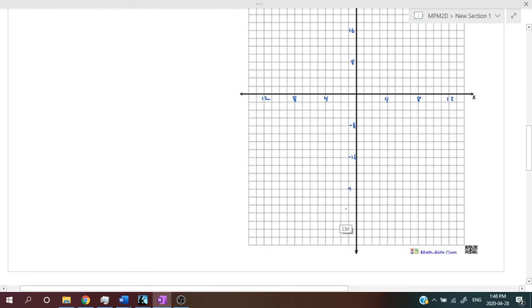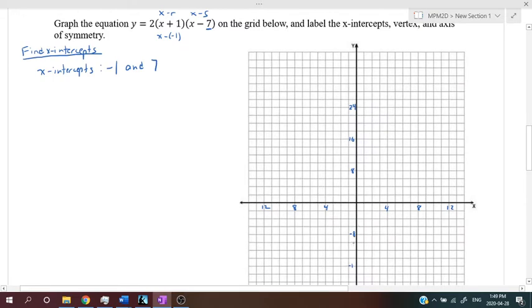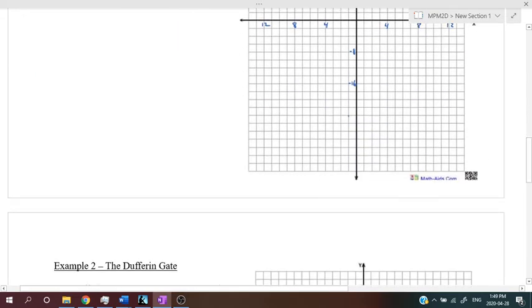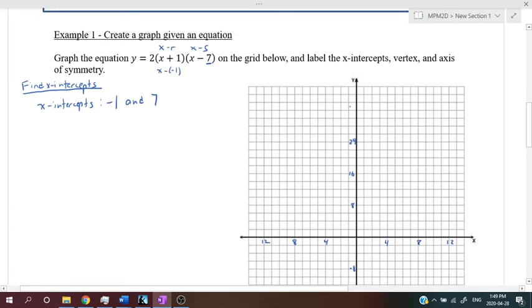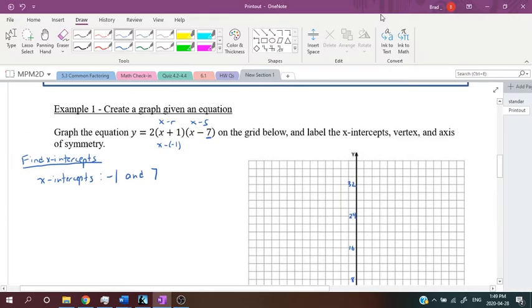Oops. That should be 16. Minus 16, minus 24, minus 32. Okay. And let's change colors just so that it stands out nicely.